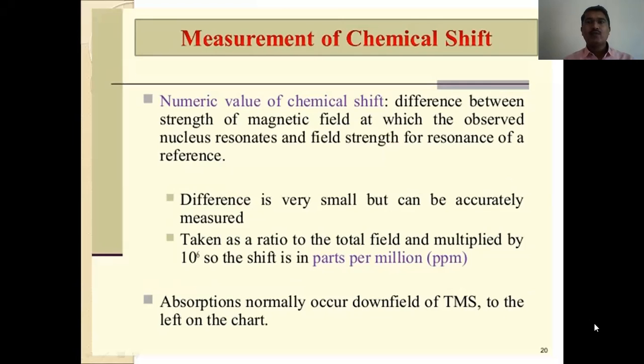Taken as the ratio, the difference is very small but can be accurately measured. Taken as a ratio to the field and multiplied by 10 raised to 6, the shift is in parts per million. An absorption normally occurs downfield of the TMS, to the left of the chart.